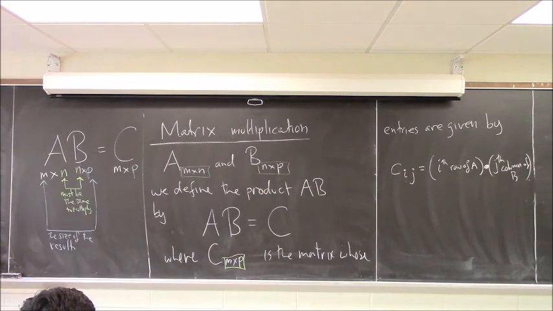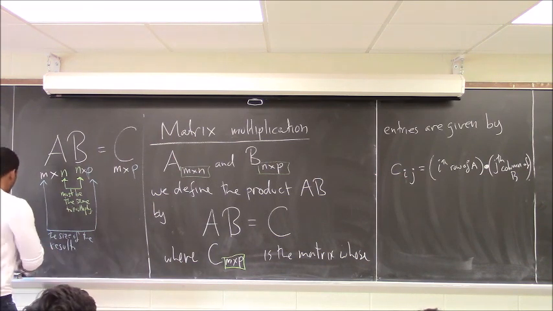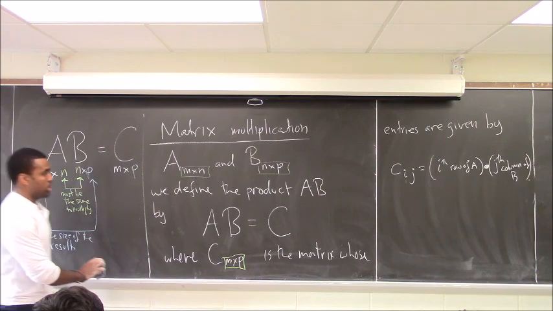Now, let us actually do, we only have like 15 minutes I think, so we can do a few examples. Oh, and there's something else I want to mention here.